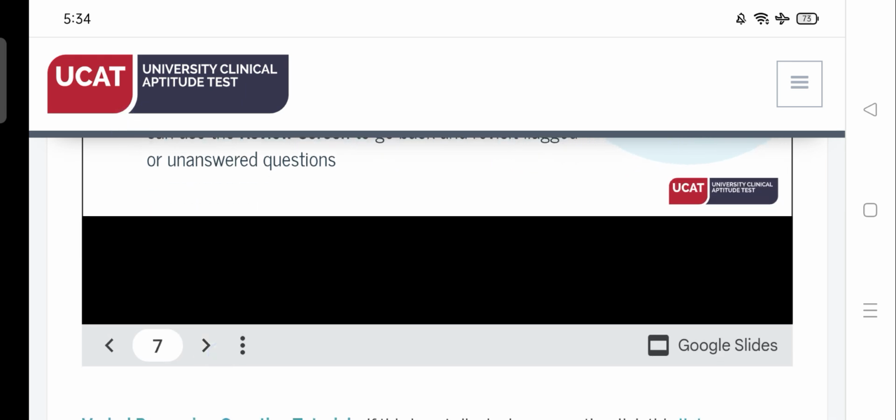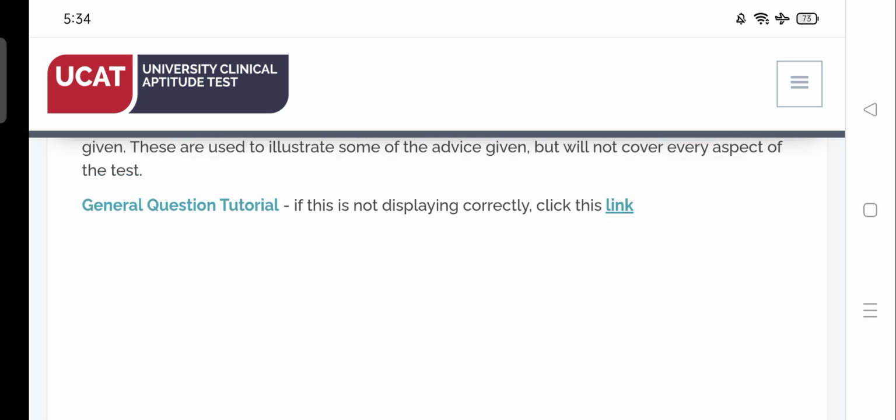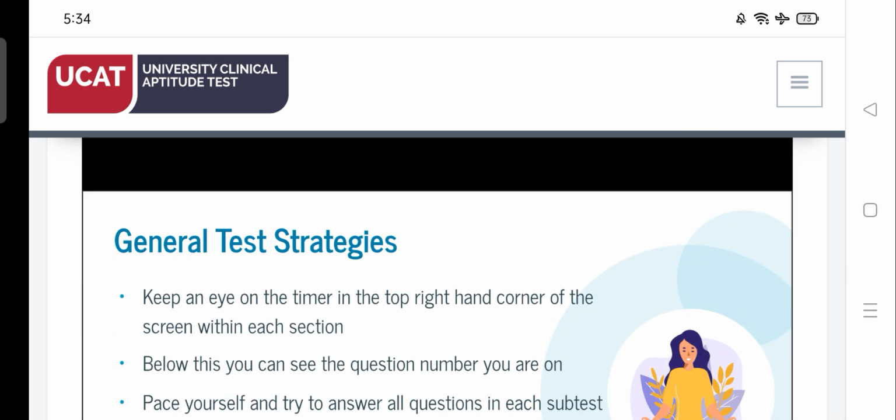Okay, next we have: keep an eye on the timer in the top right hand corner of the screen within each section. As we have discussed the timer in the last video, there is a timer given at the top right corner on the blue toolbar.